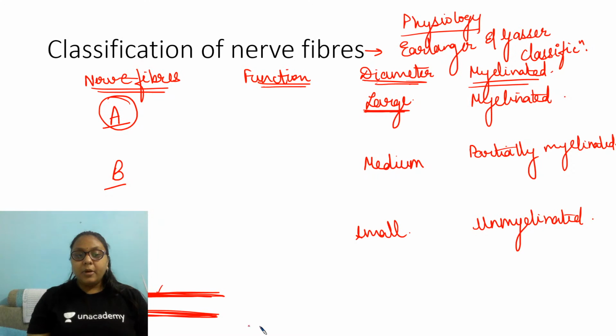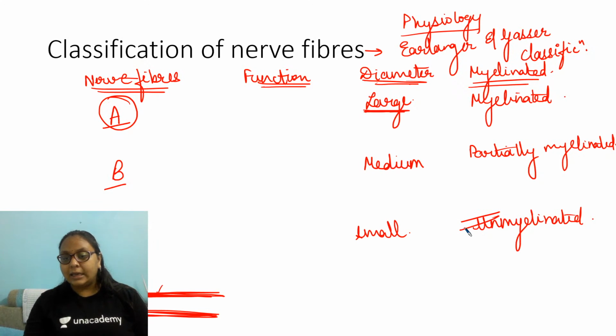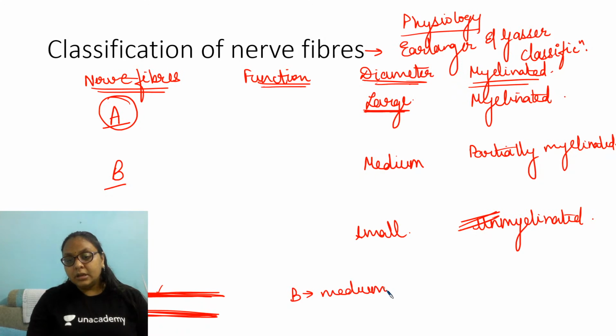Now what about B and C? According to the diameter of the nerve fibers, C should have been more sensitive to the local anesthetics, but they are unmyelinated nerve fibers. The B nerve fibers are medium diameter, plus they are partially myelinated, and therefore they are more sensitive to local anesthetic than the C nerve fibers.